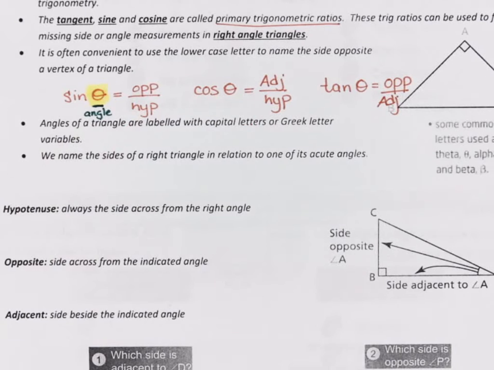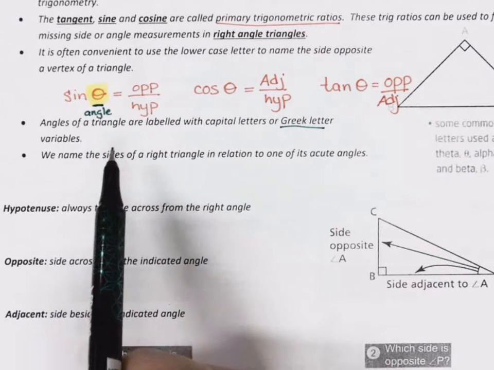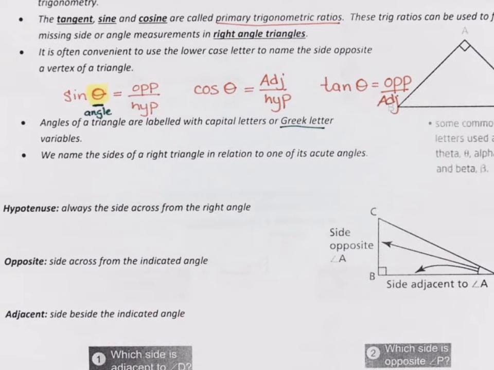Okay, so that's kind of like the whatevers. Angles of triangles are labeled with capital letters or Greek variables. So there's that Greek variable up at the top there. We're going to talk about the capital letters and lowercase letters. When we name the sides of a right angle, it's in relation to one of its acute angles. Holy Hannah, that was a lot of stuff to take in.